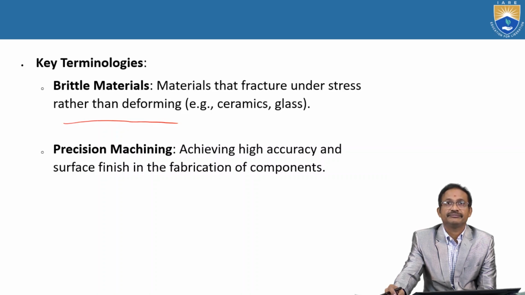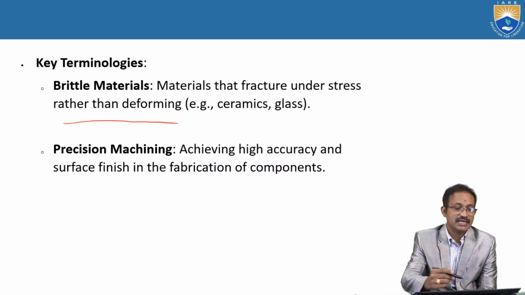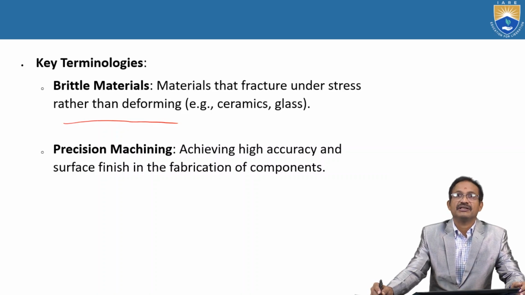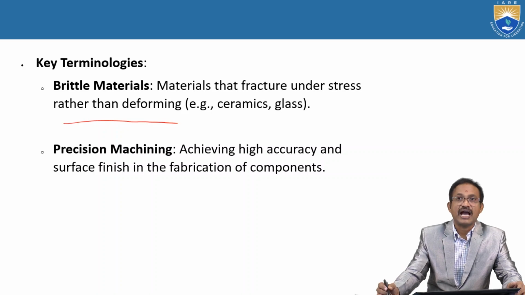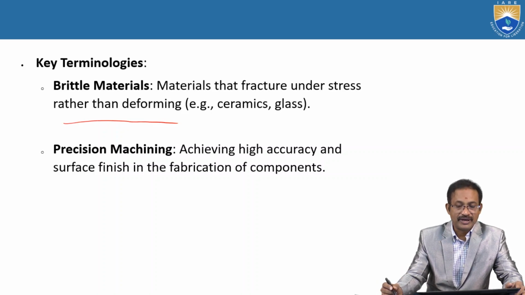For example, when we apply force on glass, it will not deform; at some point it will break. Next, precision machining: achieving high accuracy and surface finish in the fabrication of components.